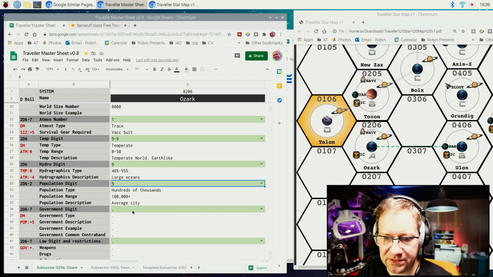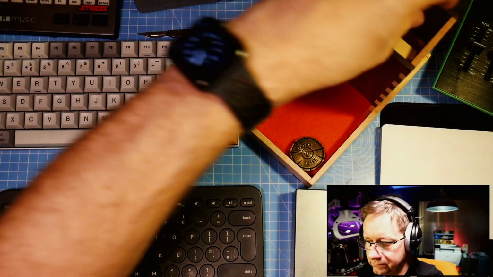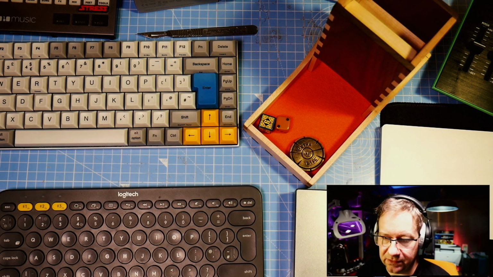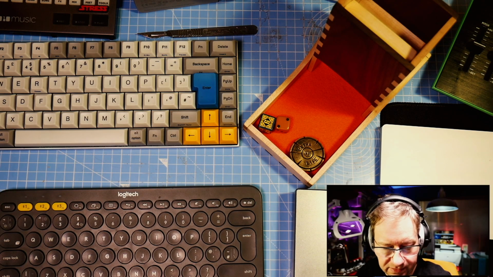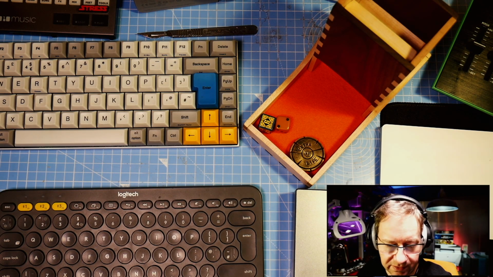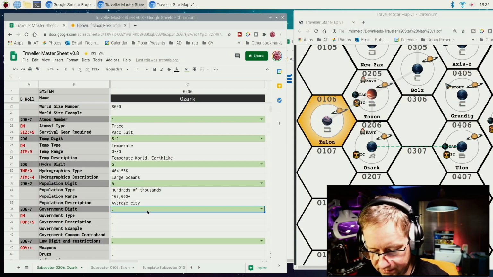So it's 2d6 -7 for the government, +5. So that was 8, -7, 1, +5, 6. So I think I can just type 6.